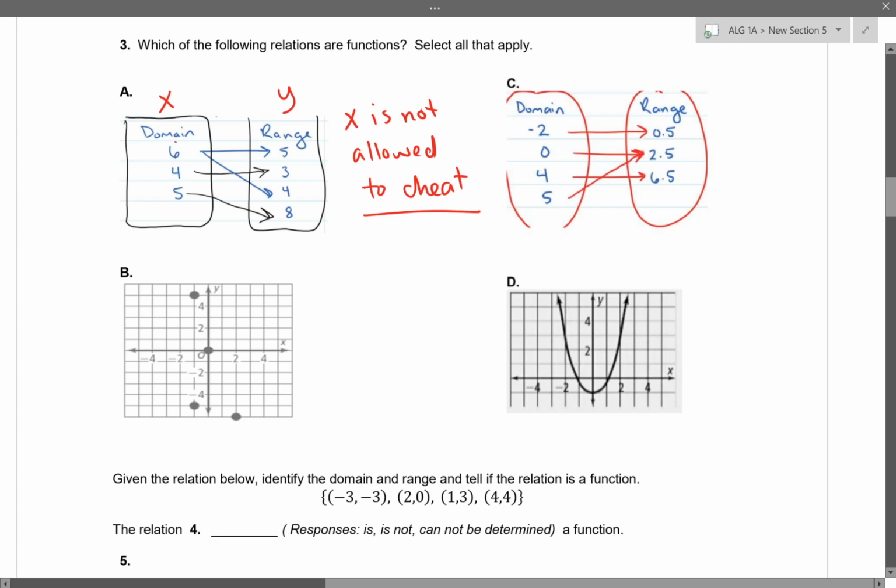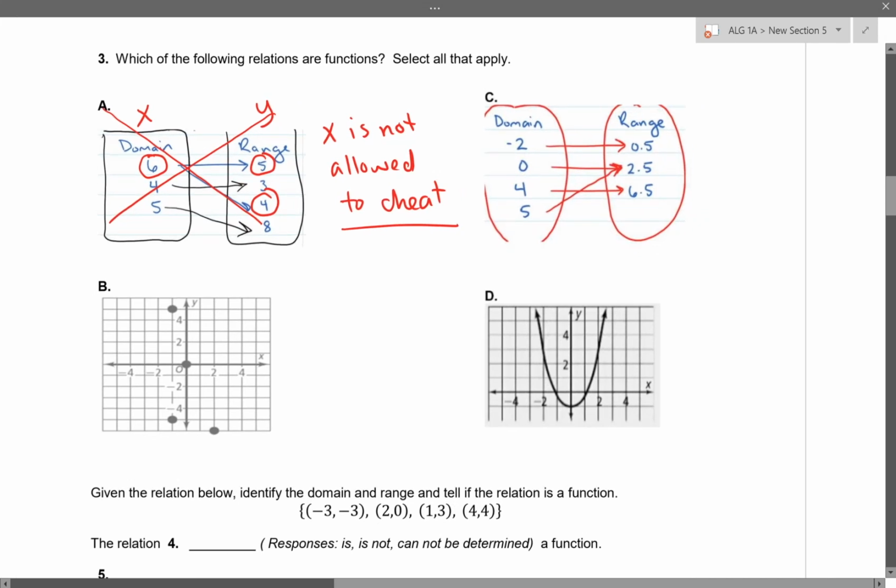So currently, this 6 is going to this 5 and this 4. So because it is dating, you can say, 5 and 4, it is cheating. And therefore, because x is not allowed to cheat, this is not a function. Let's look at C, x and y.